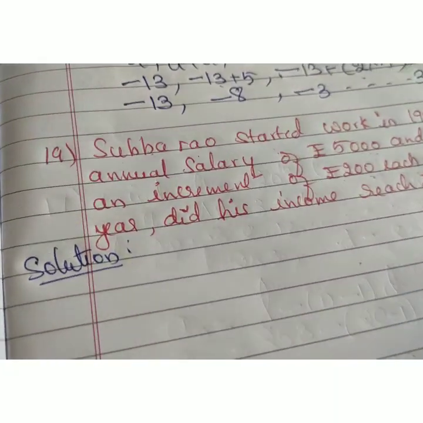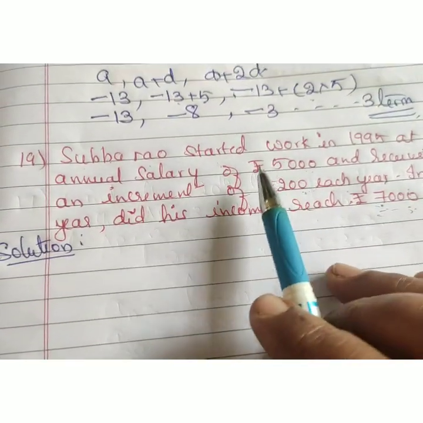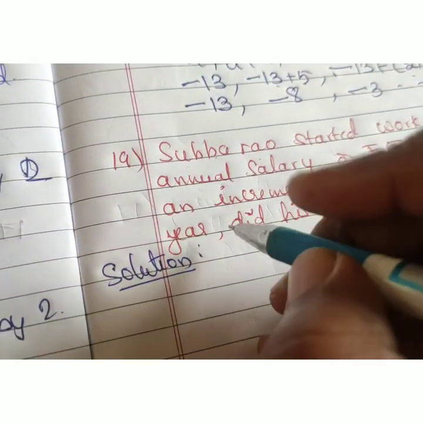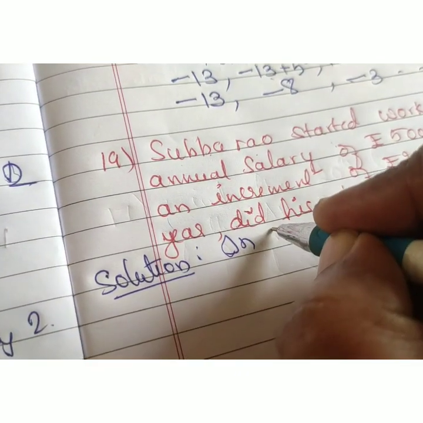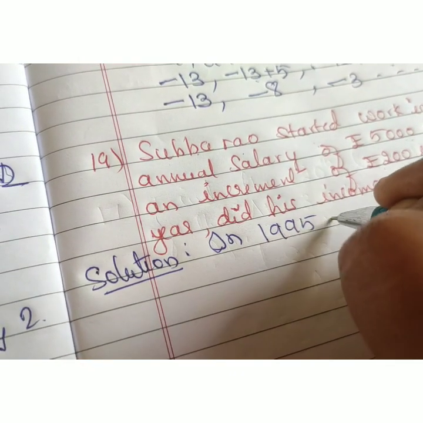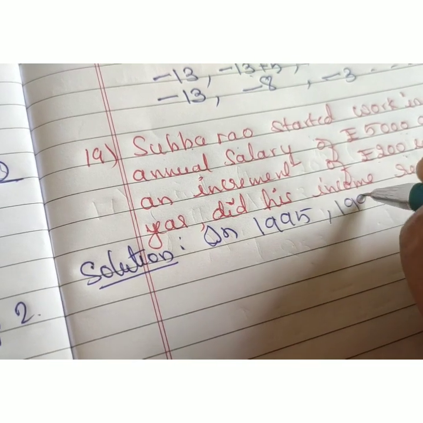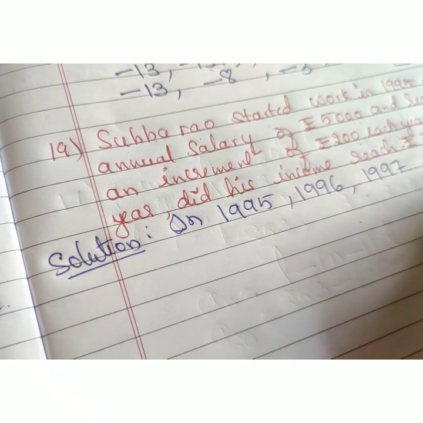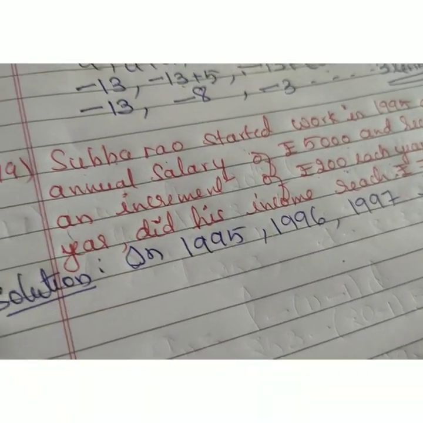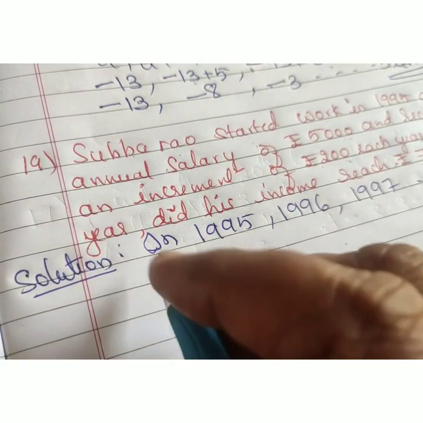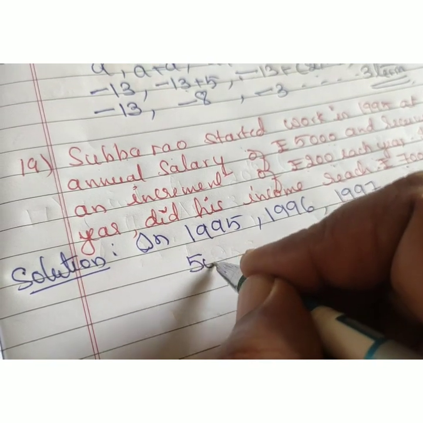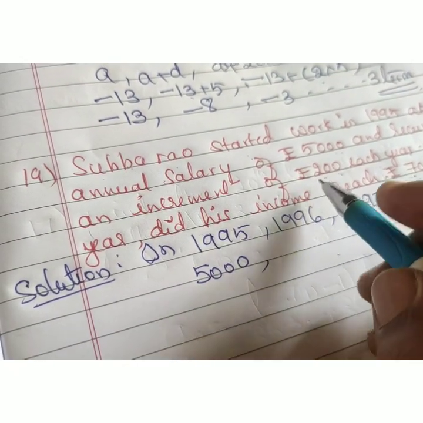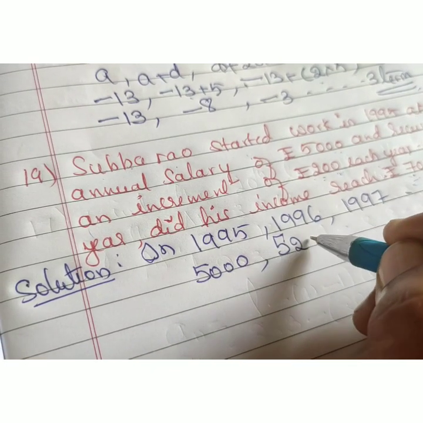So this is a clear instance of an arithmetic progression, because in 1995, and in the same way every year, 1996, 1997, and so on, he is getting his salary. In the first year he got 5,000. In the second year he got an increment of 200, so 5,200.